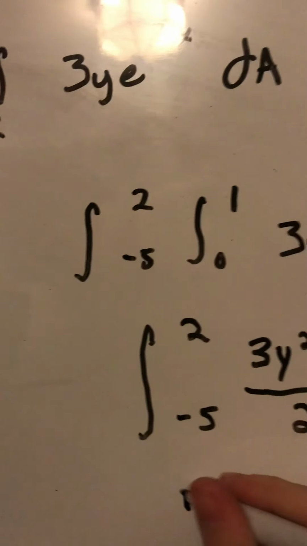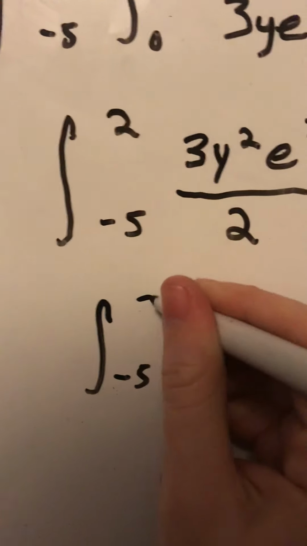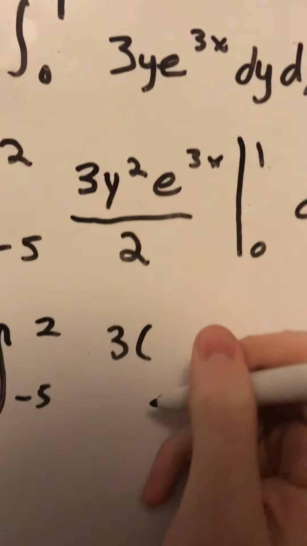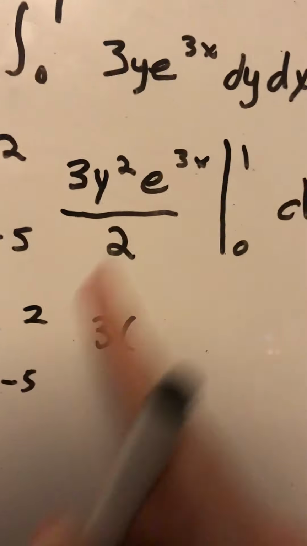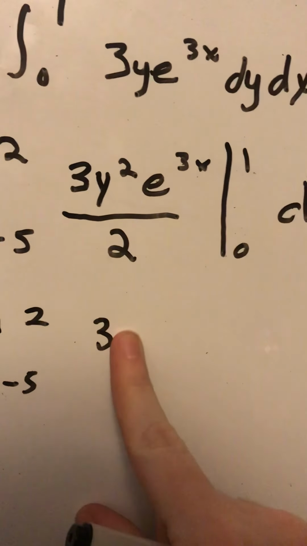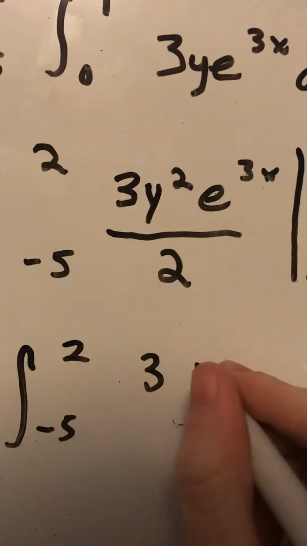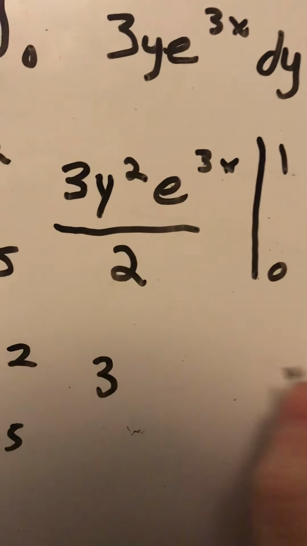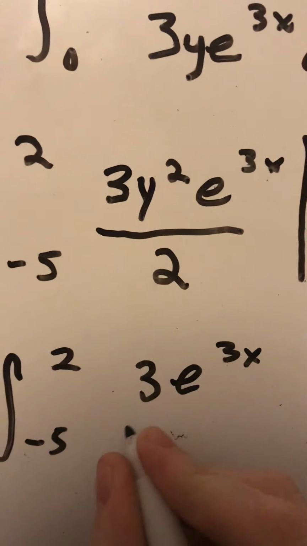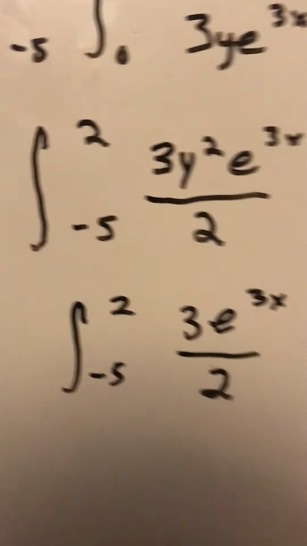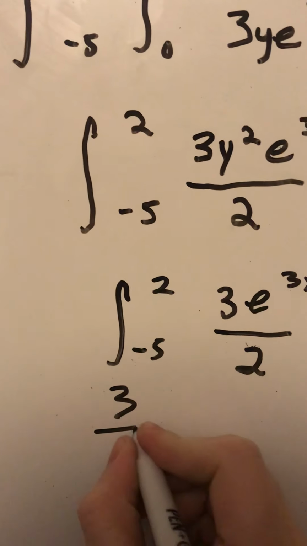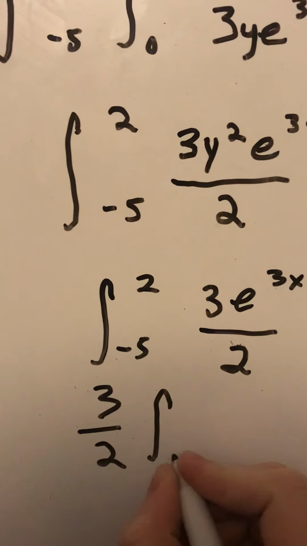So this becomes the integral from -5 to 2 of 3 times 0, which is just going to make all this be 0, so I'm only going to worry about the 1, and the 1 just keeps that 3. So imagine there's like a 1 squared here, minus 0 squared, times e to 3x over 2 dx. And we're just going to move that 3/2 outside since it's a constant.